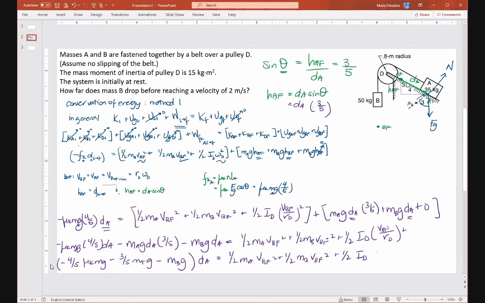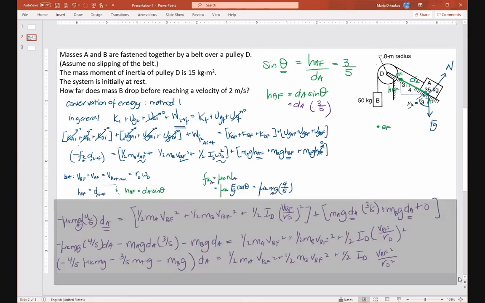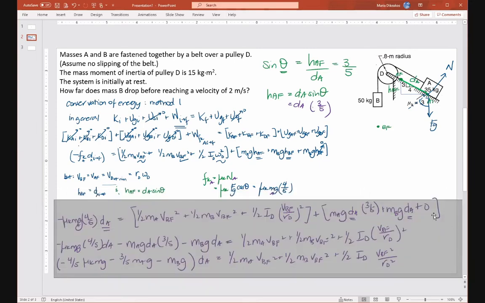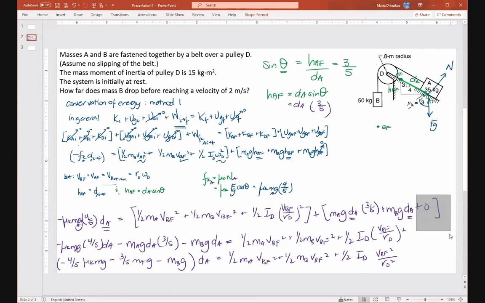I'm just going to bring in the squares. So we have this. We know everything except for dA. We have a number for everything there except for dA.